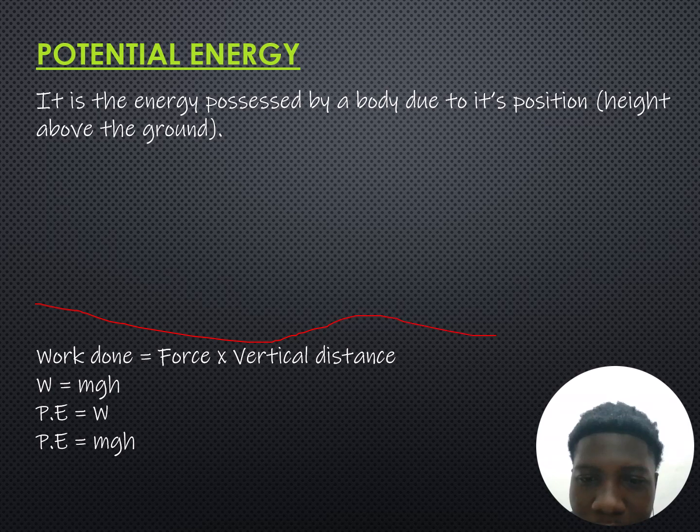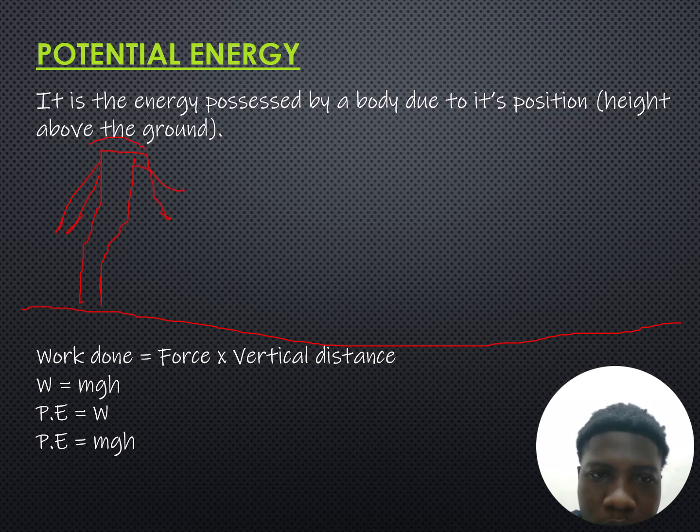So let's say we have a floor here. That's better. And we have a mango tree. Let's say this is a mango tree, and this is the mango. As you can see, there is a distance from this mango to the ground.